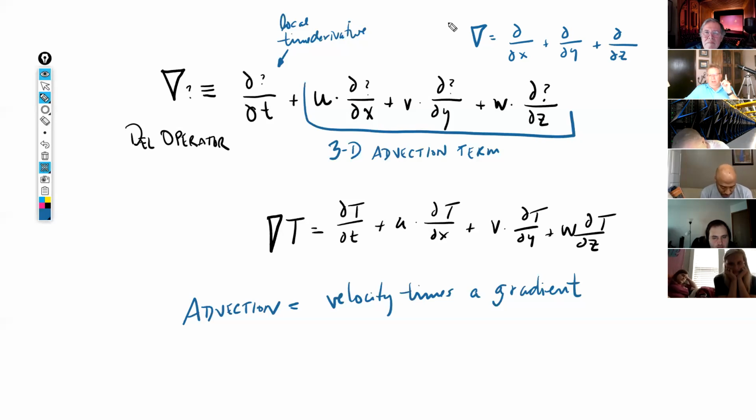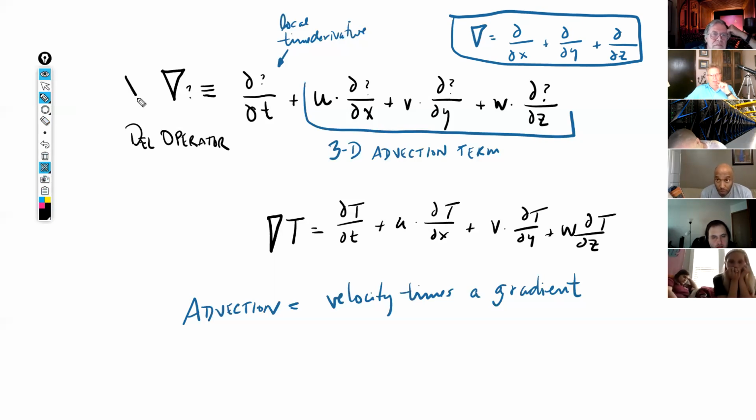That is the del operator. It's only that part of it. What I'm doing over here is I'm actually multiplying the velocity times this.